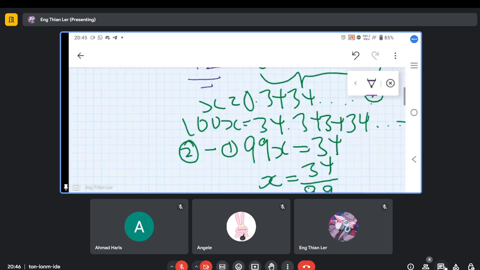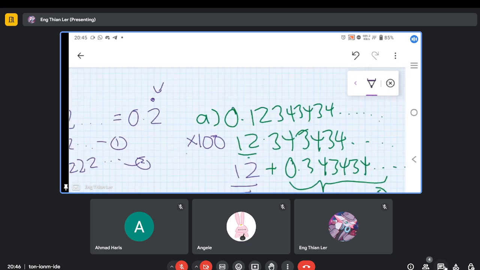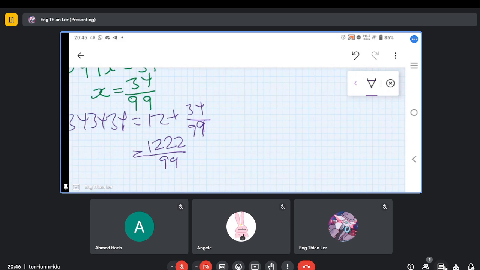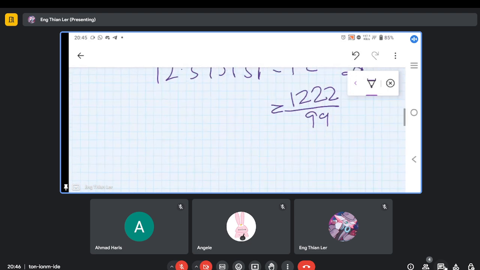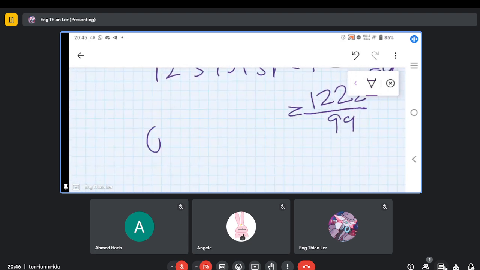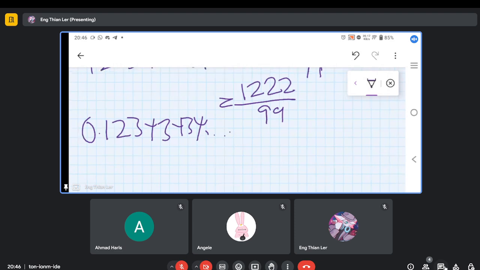We multiplied by 100, so now we need to divide back. When we divide by 100, we get back the number, which is 0.123434... and this is equal to 1222 over 99 divided by 100. We just add 2 zeros.